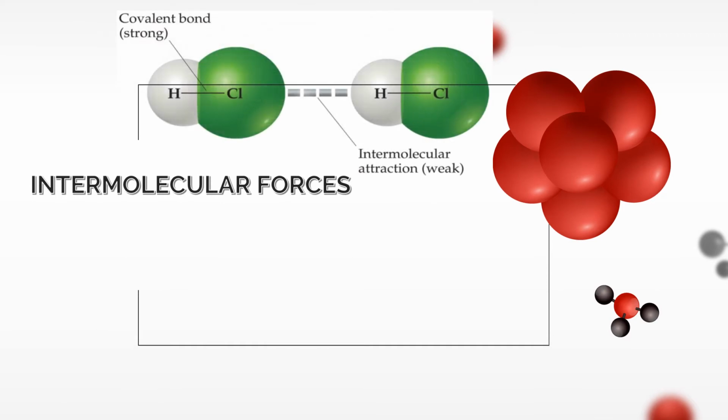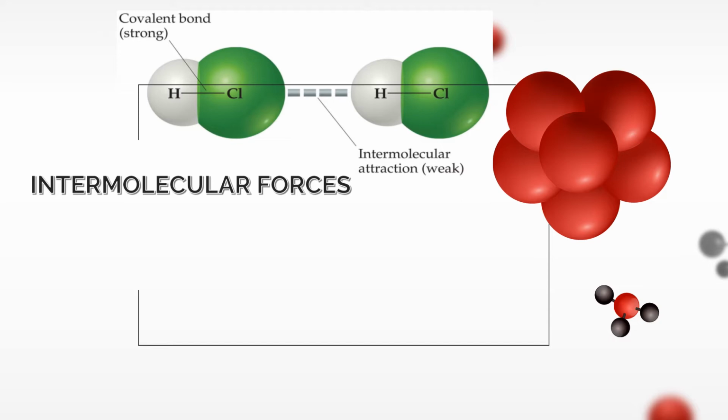Okay, the picture here shows the intermolecular forces between hydrogen chloride molecules. The covalent bond in the hydrogen chloride molecule is a strong bond, so the bond is actually the intramolecular force.